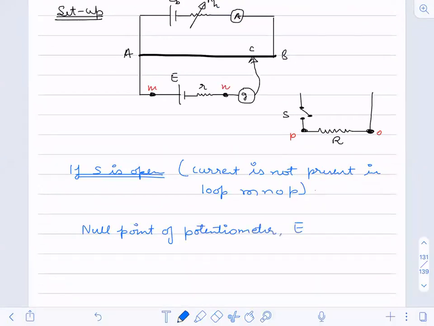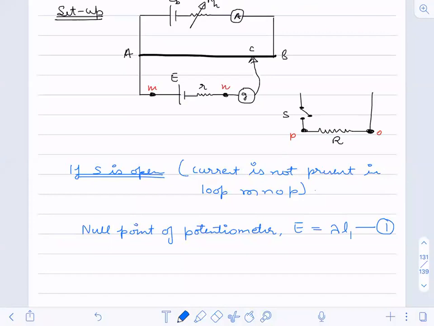I will balance this E as lambda L1. Let us assume this is my first equation, the first result, which I have taken from the experiment.